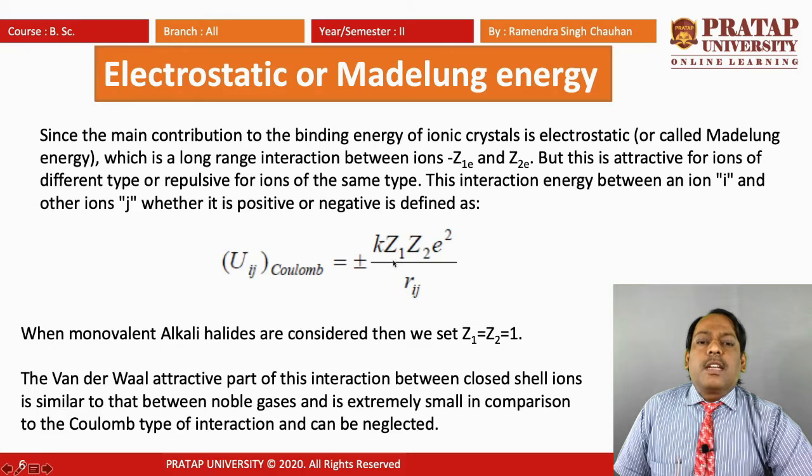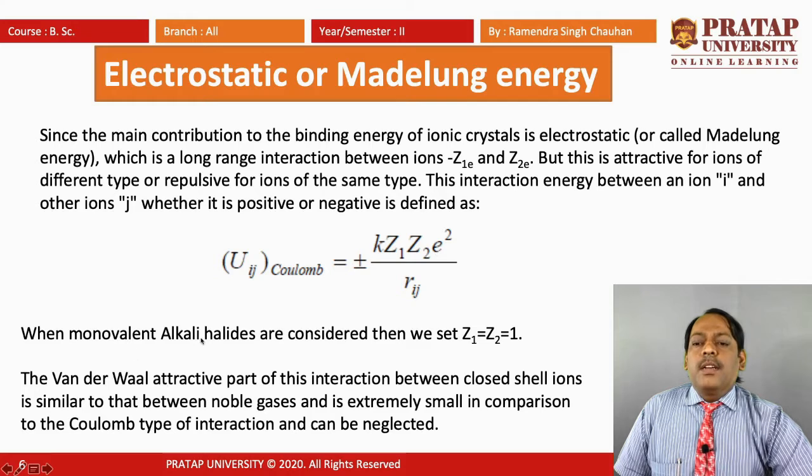So when we take the first ion, Z1e is the charge, and for the second ion, Z2e is the charge. k is a constant, and R_ij is the distance between the ions i and j. So here we can see that this is a central potential, and we find the value to be plus or minus k Z1 Z2 e square upon R_ij.